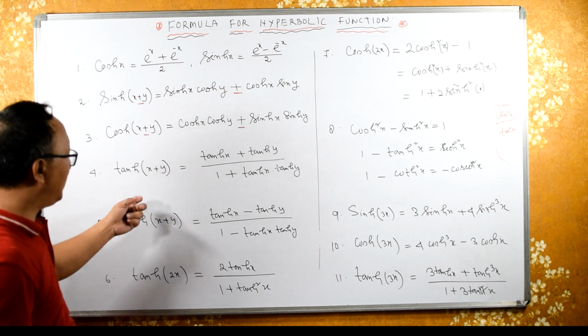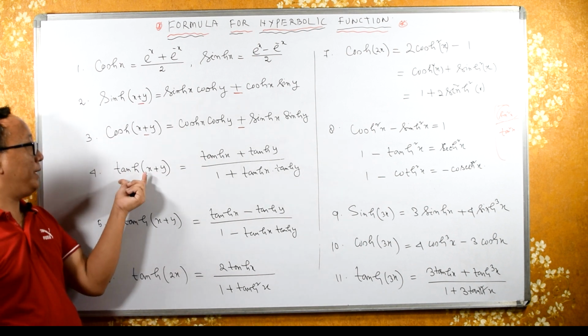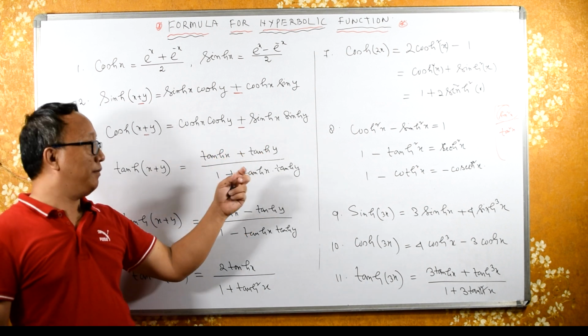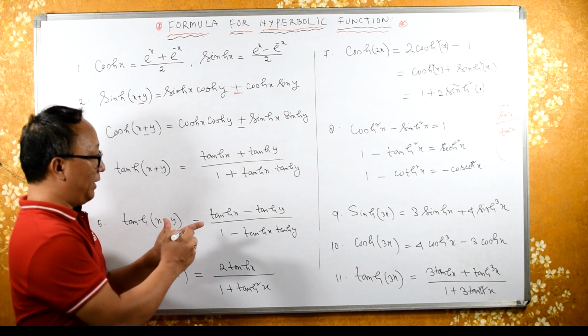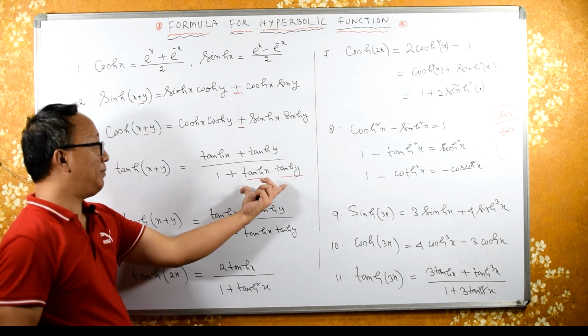Similarly, before hyperbolic, tan of a plus b is tan a plus tan b upon 1 minus tan a tan b. But in hyperbolic we have two tans, one here and one there, so you have to change the sign.